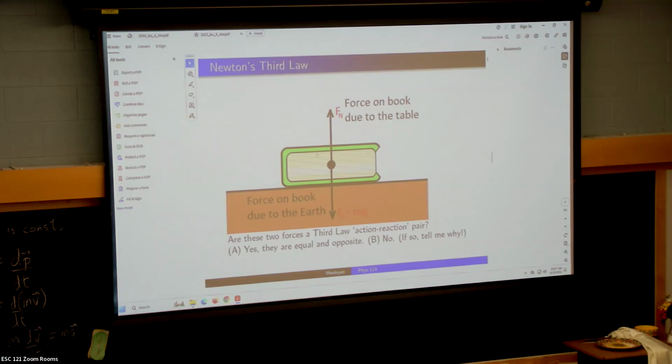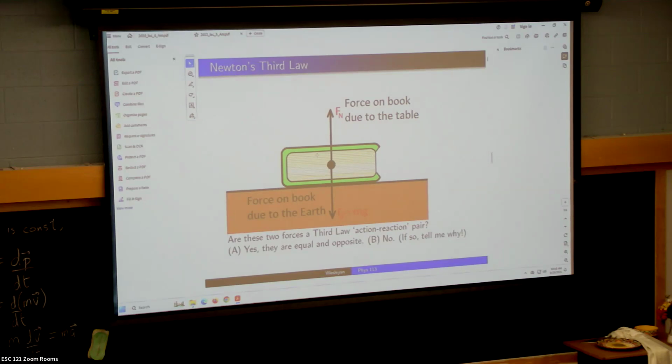The forces we're talking about apply to different objects.